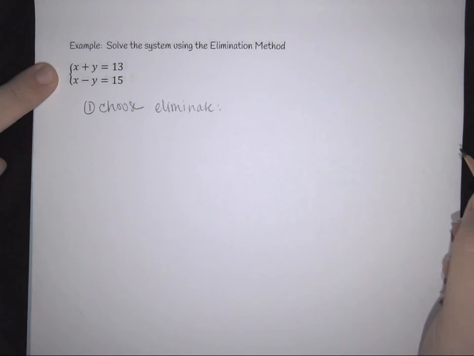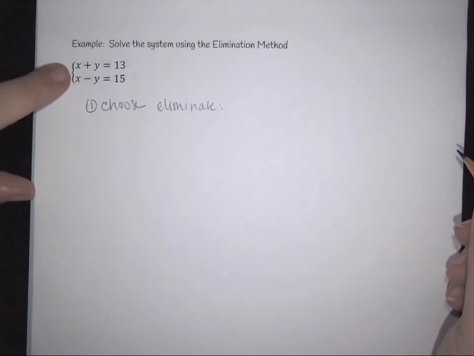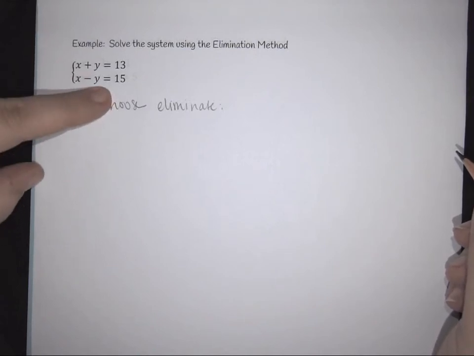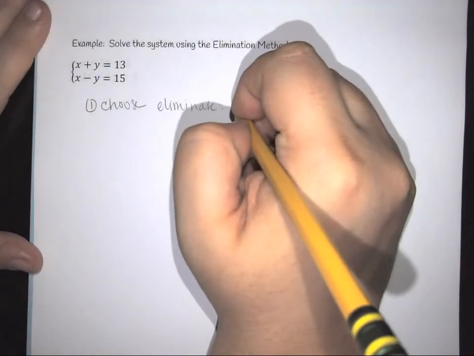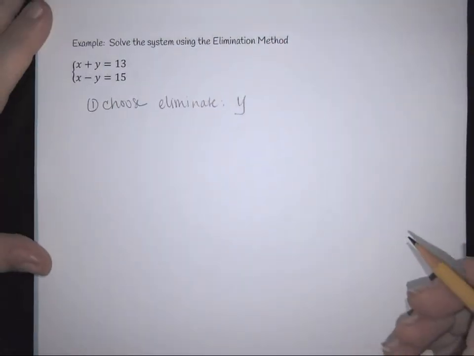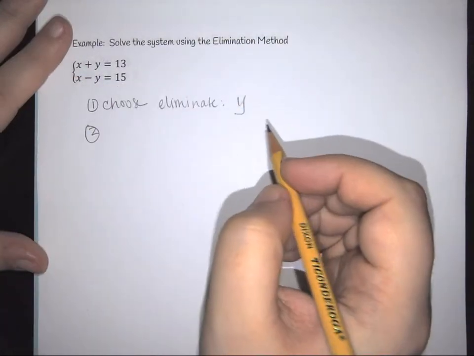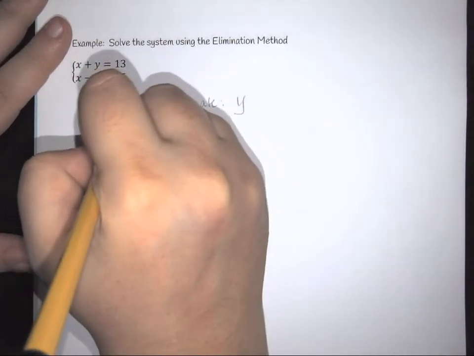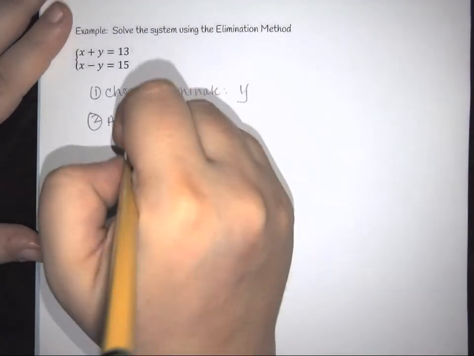So I'm looking at my equations and notice my x variables have the same coefficient but they have the same sign. My y variable has the same coefficient but they have opposite signs. So here I would eliminate the y. So this says that once you choose your elimination, you need to add them together. So this is where that old school vertical math comes in play.